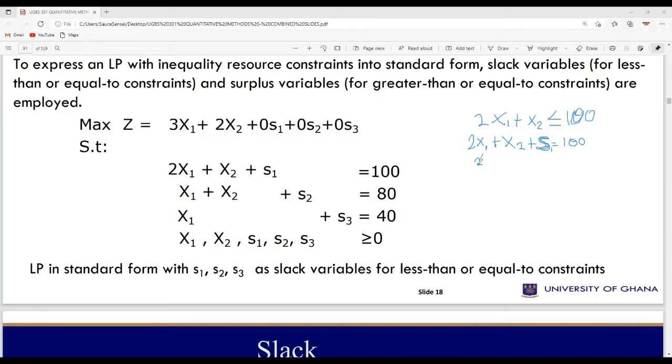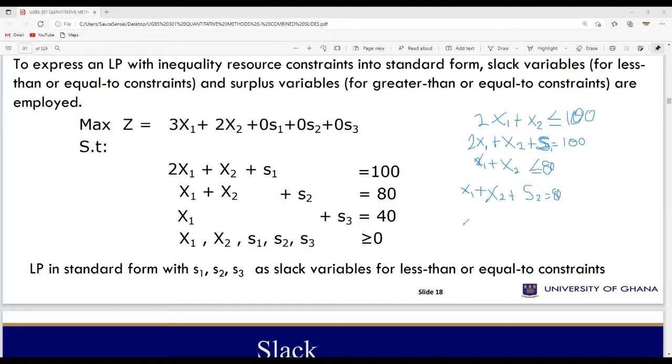So this one, x1 plus x2, was less than or equal to 80, the carpentry one. Then we introduce the slack, the unused, so we must add plus S2, equal to 80. Then you solve for your slack variable.